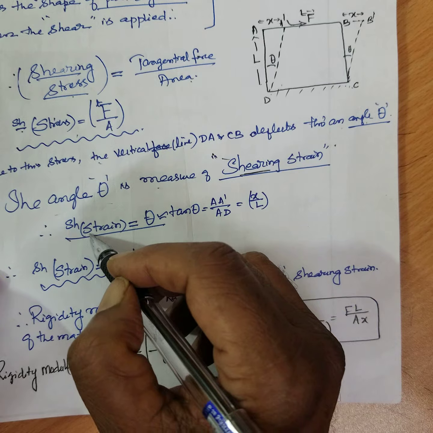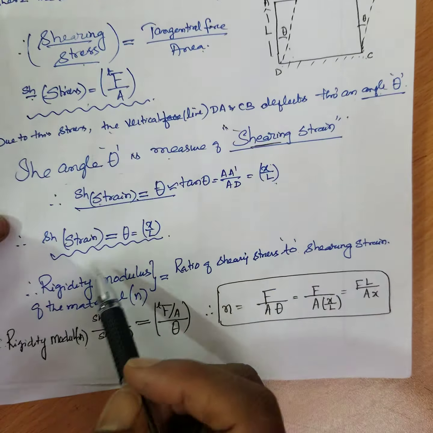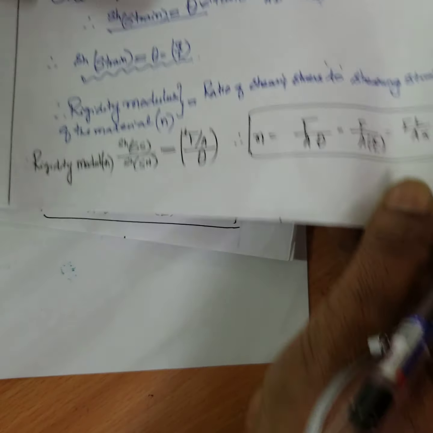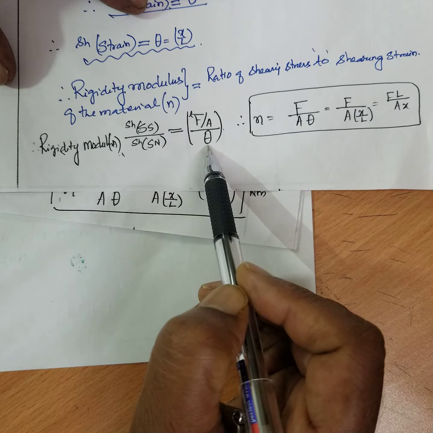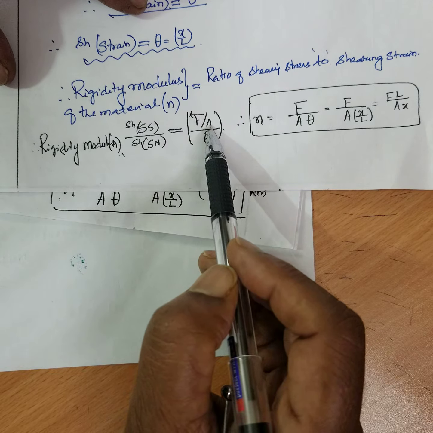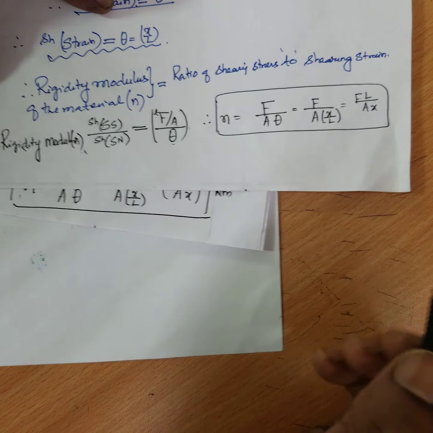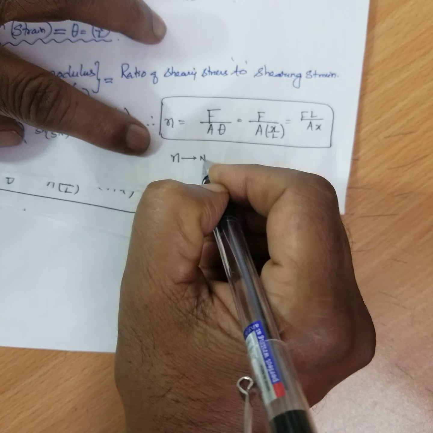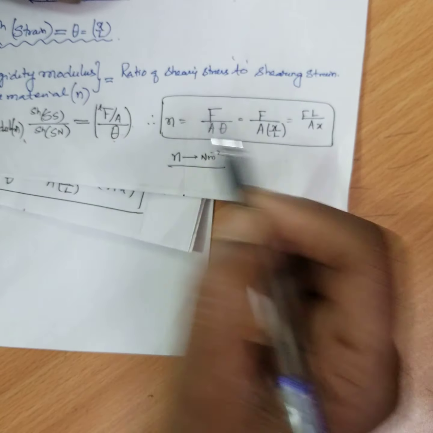The shearing strain is equal to x by L, opposite by L. Then rigidity modulus is the ratio of stress to strain, where stress is force per unit area. The unit is Newton per meter square, and strain has no unit.